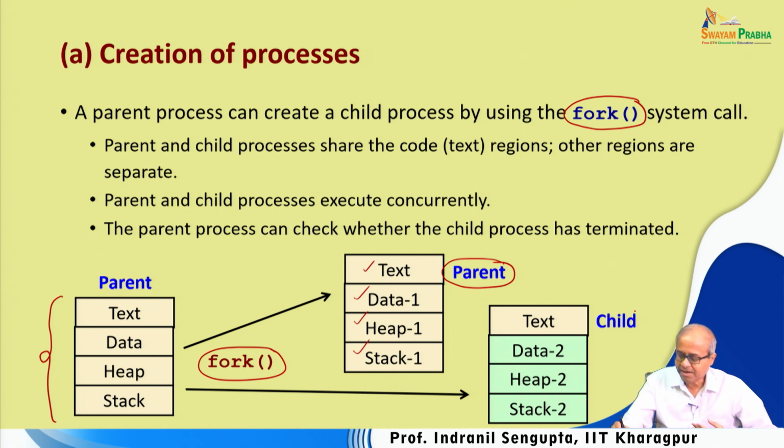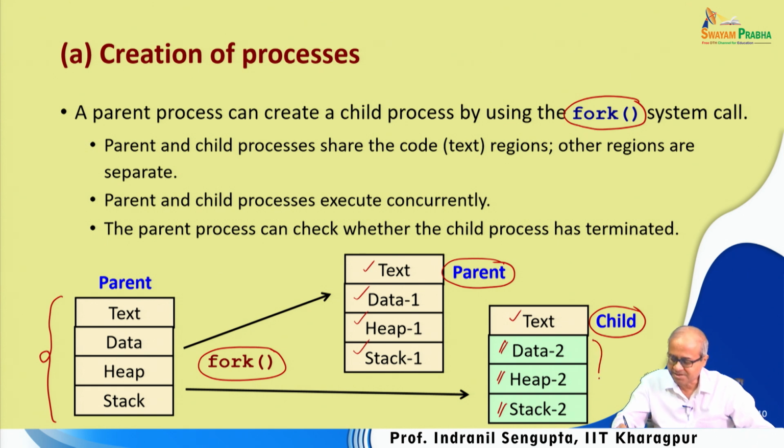But a new process will get created, the child, where the text region will be shared. Text means the program code, right? The text region will be shared, but for all the other regions, data, heap and stack regions, new regions will be created in memory. The original values of data 1, heap 1, stack 1 will be copied here.